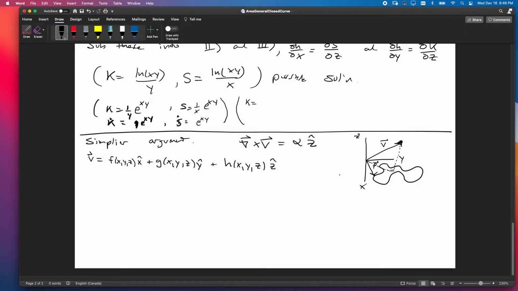And then I also have this vector Z hat, which is my normal.